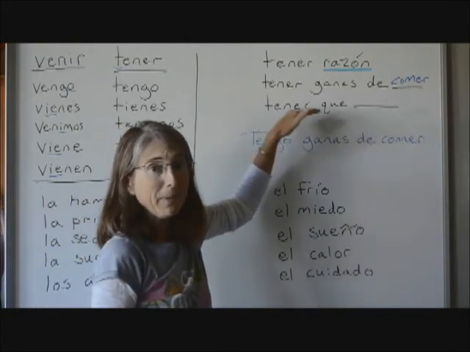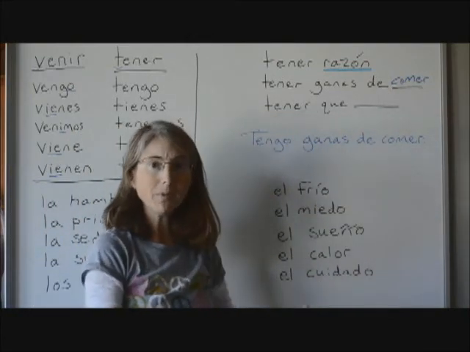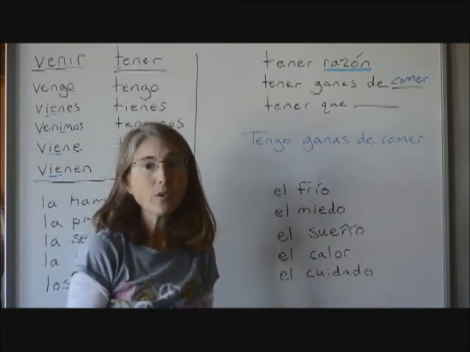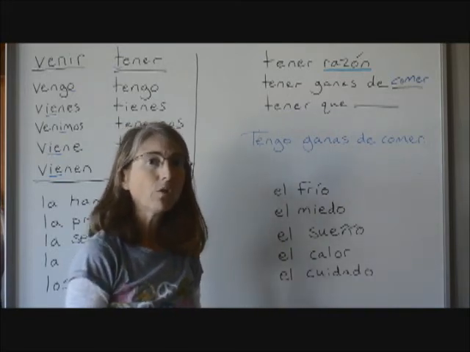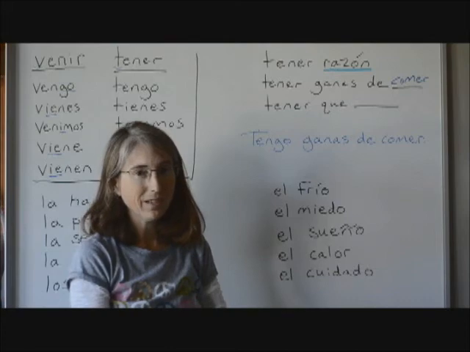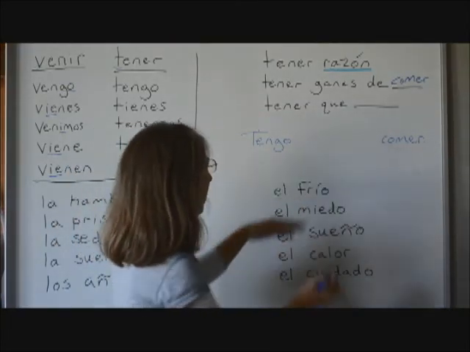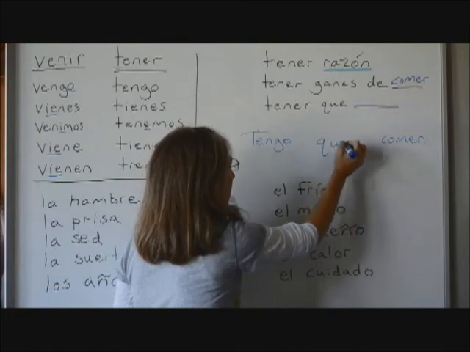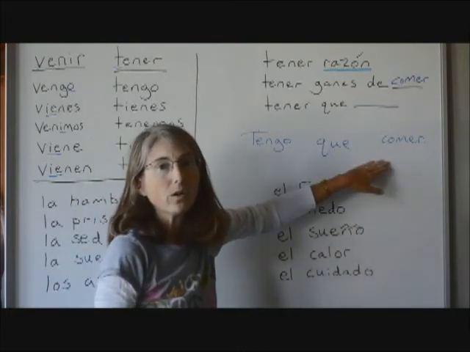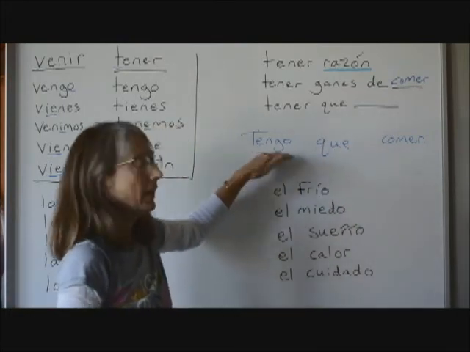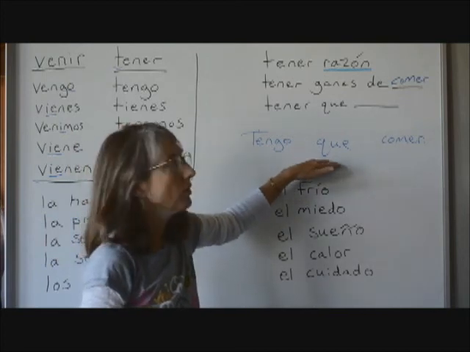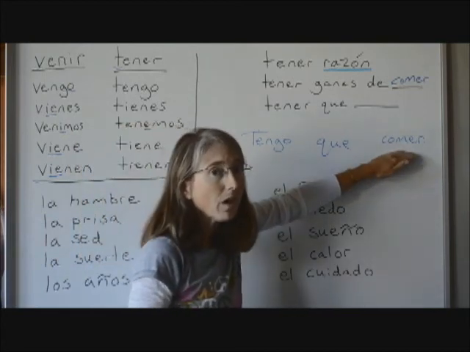Tener que means to have to do something, to be obligated to do it. And we use to have also in English that way. So if I have to eat, okay, it would be tengo que comer. Tengo que means to have to. And then this verb is not conjugated.